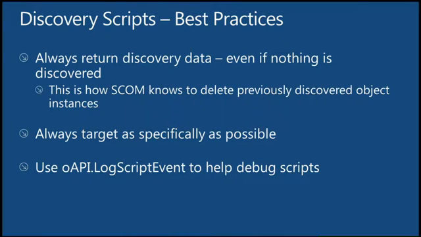You should also target as specifically as you possibly can. That goes back to my targeting argument. Discoveries can be intensive, so you don't want discoveries to run on systems any more than they have to. That leads into how often discoveries should run. If you're testing a discovery, how often should it run? Anybody? Every 60 seconds, every 30 seconds, whatever.